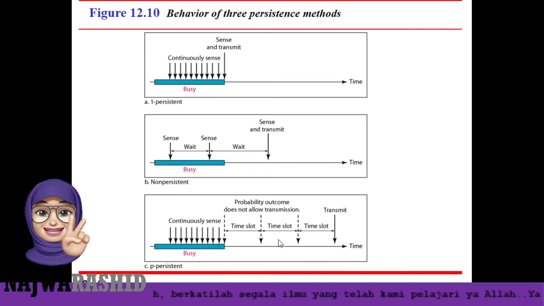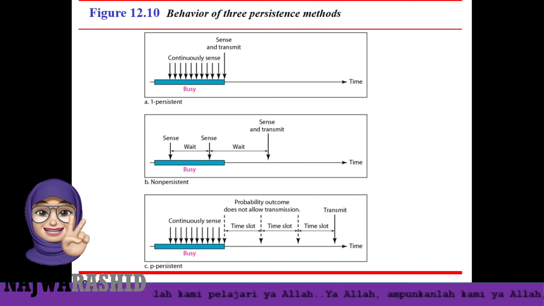Time slot 1, time slot 2, time slot 3, then it will transmit the frame. Using this strategy, the possibility of collision can be reduced, and this strategy is more efficient compared to the other two strategies.